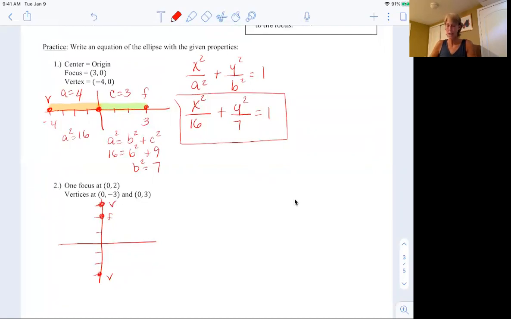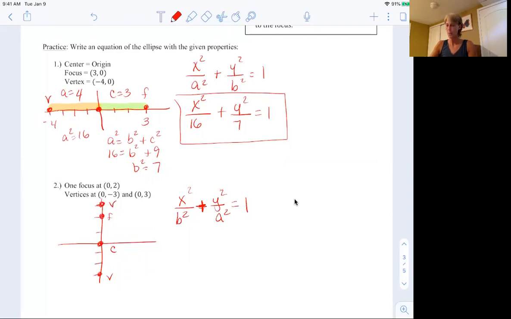So right away, I could see that due to symmetry, my center is 0, 0, because I'm going to move out the same amount. I also can see that my major axis is parallel to the y-axis, so I'm going to be using that other version where the a squared is under y.